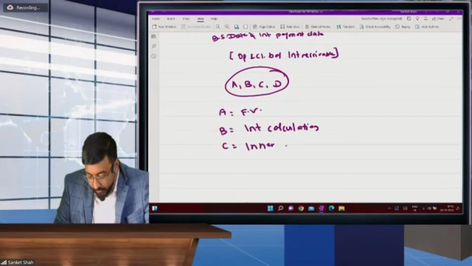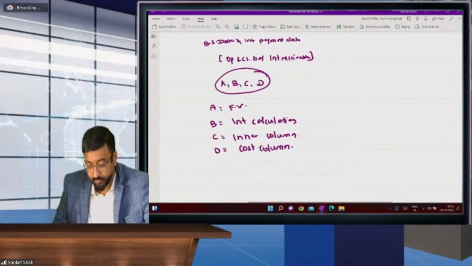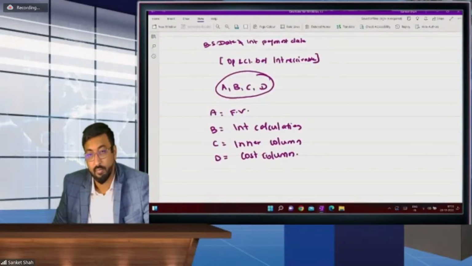Very good, beta, Abdul. And D is equal to cost column. ABCD calculations are very, very important. Yes. Shruti, very good, beta.